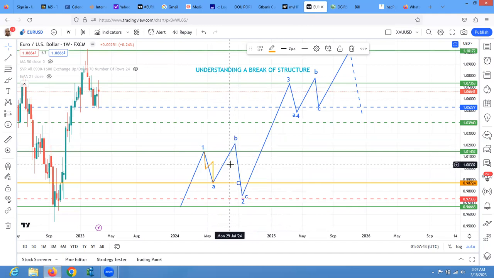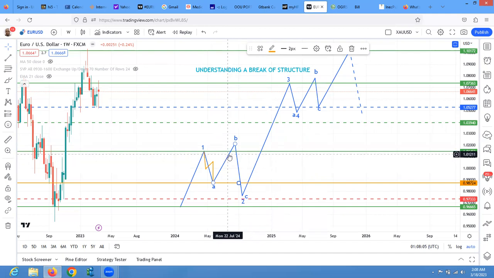What is the structure of B? B can be anything. It can be 50, which is in the middle. The structure is still not broken. It can be 90, which is there. And between 50 and 85 is still the structure of B, in case it's going to be a zigzag.